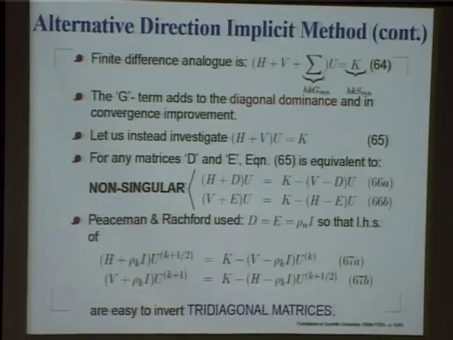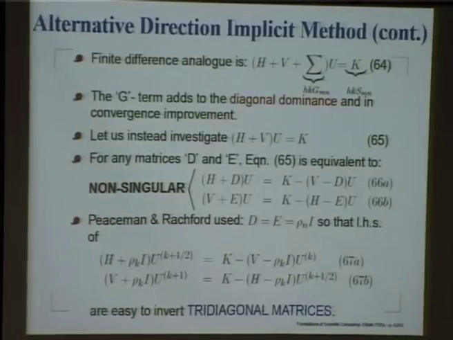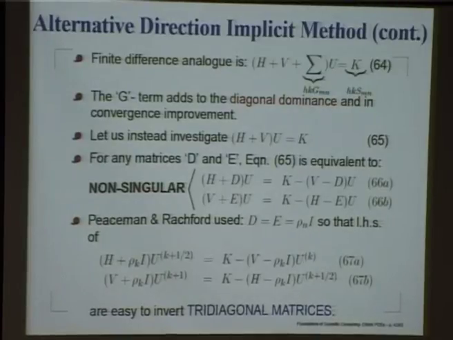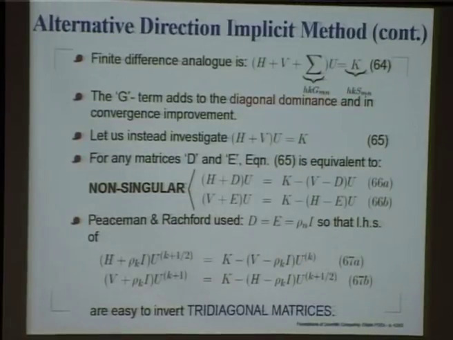What is the structure of the H plus D matrix? It is still a tridiagonal matrix, right. The H matrix itself had some bare bone diagonal dominance property. To that we are adding something as D. So, if D and E happen to be diagonal matrices, then we are adding to the diagonal dominance.